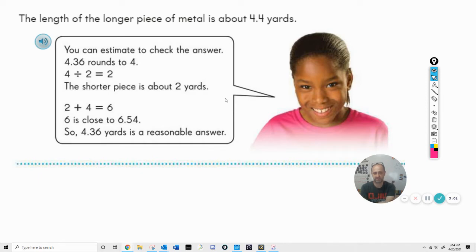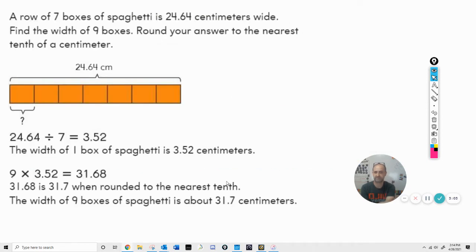And then you can estimate and round and check as well. Okay. A row of 7 boxes of spaghetti is 24 6400ths of a centimeter wide. Find the width of 9 boxes. Round your answer to the nearest tenth of a centimeter. This is just absurd, you guys, but we're going to do it. So 7 boxes is 24 6400ths.